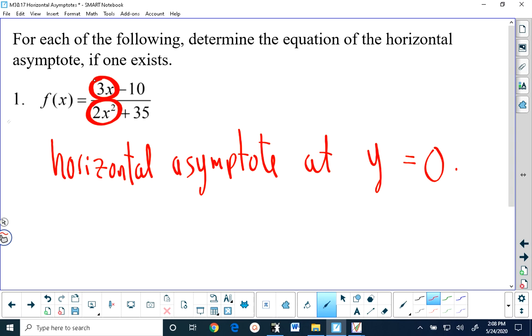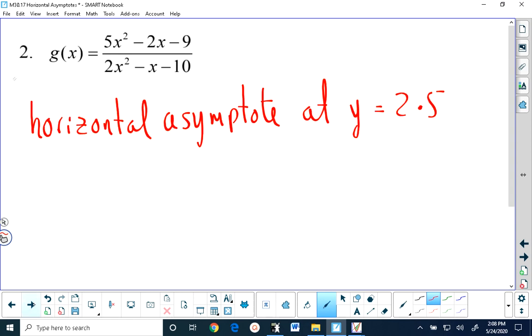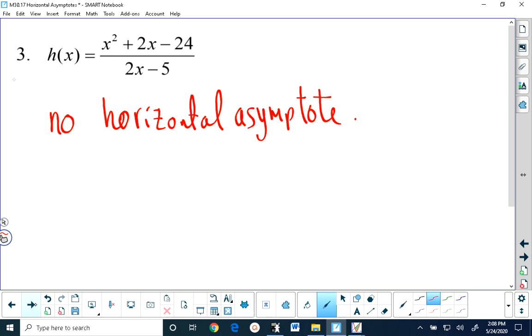In the denominator, the highest degree term is 2x squared. In example 2, the highest degree term in the numerator is 5x squared, and in the denominator is 2x squared. And in the third example, we have 1x squared as the highest degree term in the numerator and 2x in the denominator. So here is the rule.